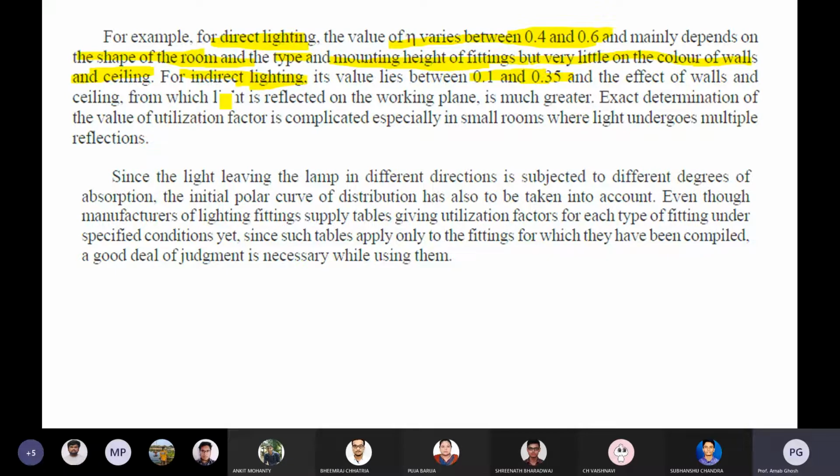Light leaving the lamp in different directions is subjected to different degrees of absorption. The initial polar curve distribution has also to be taken into account, even though manufacturers of lighting fittings supply tables giving the utilization factor for each type of fitting under specific conditions.